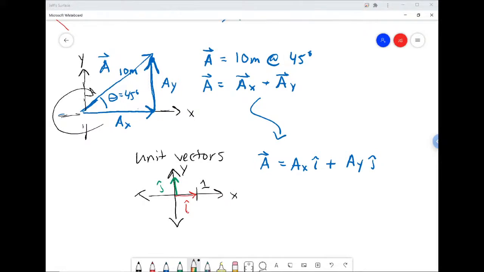Those components, I just gave it away. Ax and Ay and A, the total. What kind of a triangle is that? Put it in the comments.